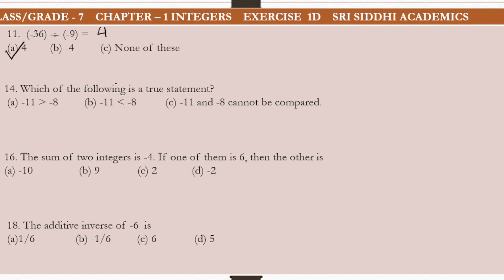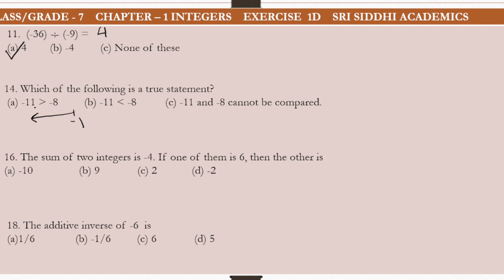Now which of the following is a true statement? Option A says minus 11 is greater than minus 8. It is not true, because in the number line, as we move towards the left, the numbers keep decreasing in value, which means minus 1 is the biggest negative integer.